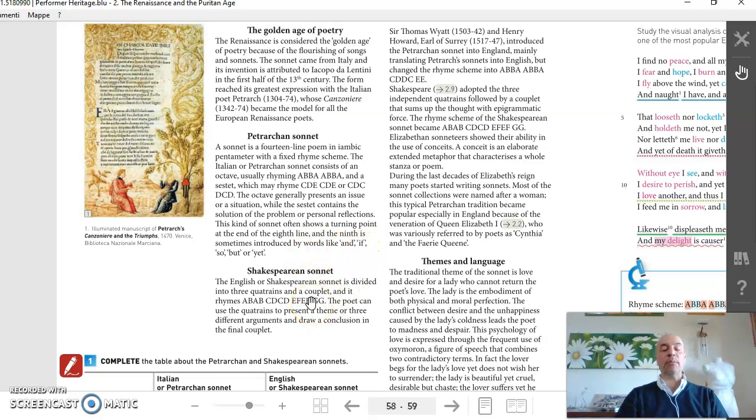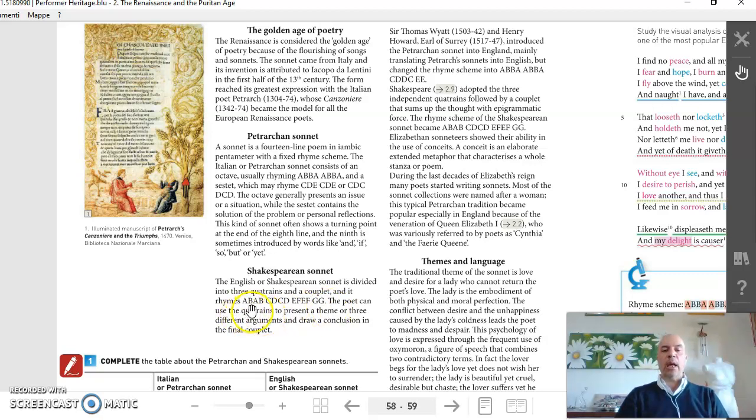Shakespearean sonnet is quite different. Here there are 3 quatrains and a final couplet. So there are always 14 lines, but the stanzas are 4: 3 quatrains and a final couplet.